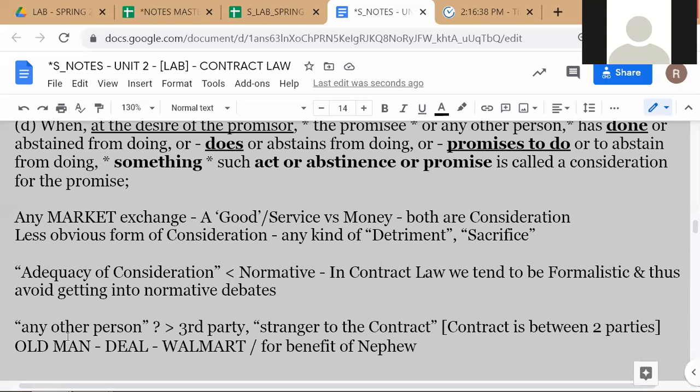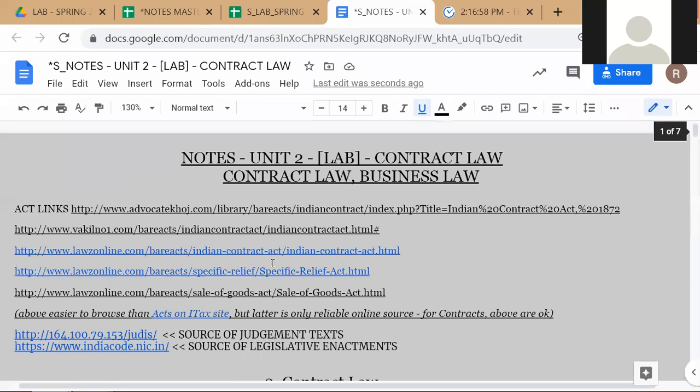I understand that there can be some gray areas in this, but there can also be situations where there's gross wrong being done to the promisee just in the name of consideration, or there can be parties which will seek shelter under this. So by saying that it's normative or maybe not the right kind of thing that we should be getting into, it can still harm parties involved.